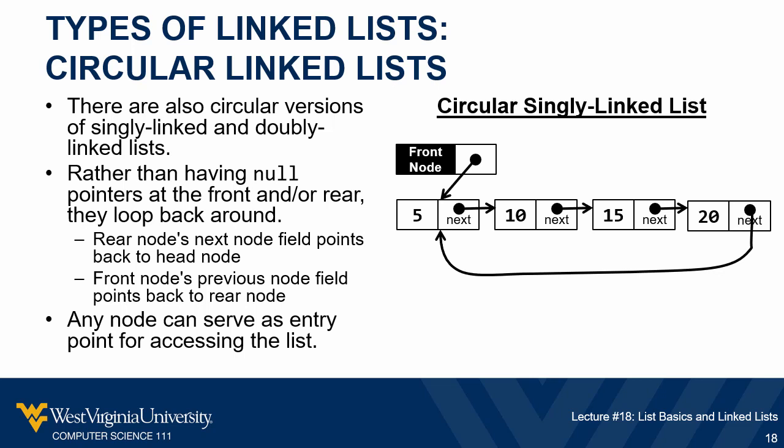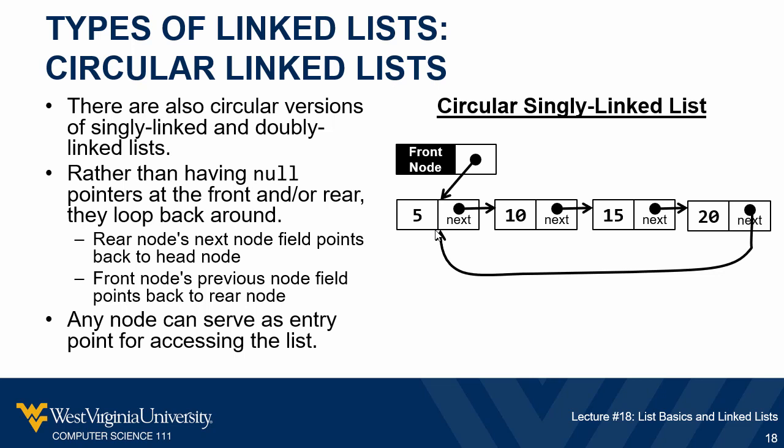You can see here with this diagram on screen, the last node in the chain loops back around and points back to the first one. The major advantage to this approach is that you can pick any node to start from, and you can just loop back around. So sometimes this can be helpful depending on what you're doing, like keeping track of where my last position is.